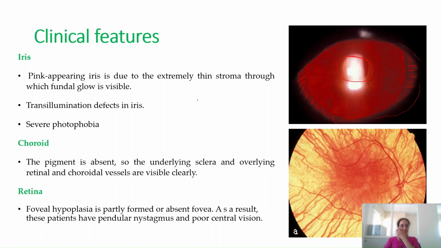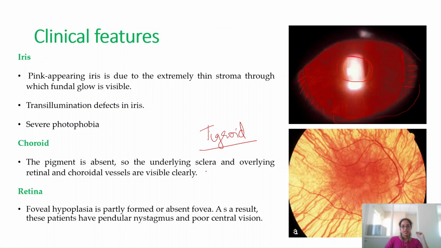As a result, they have a lot of photophobia and they cannot move as freely in daylight. In the choroid, the pigment is absent and this is also known as a tigroid fundus. It appears like tiger stripes. The choroidal vessels are very prominent because the pigments are missing from the choroid as well as the retinal pigment epithelium.